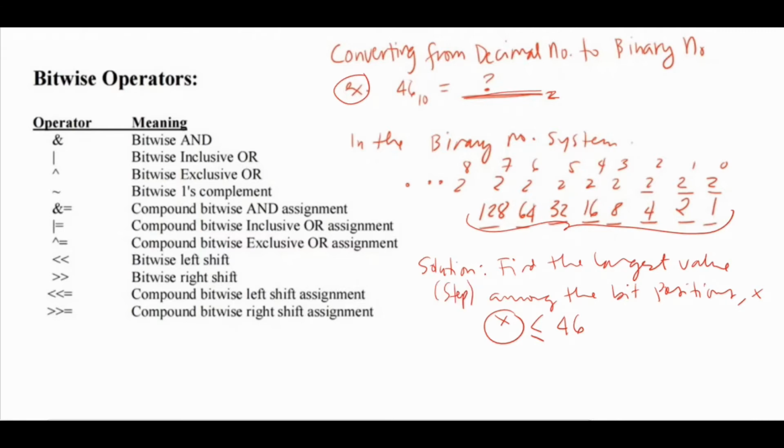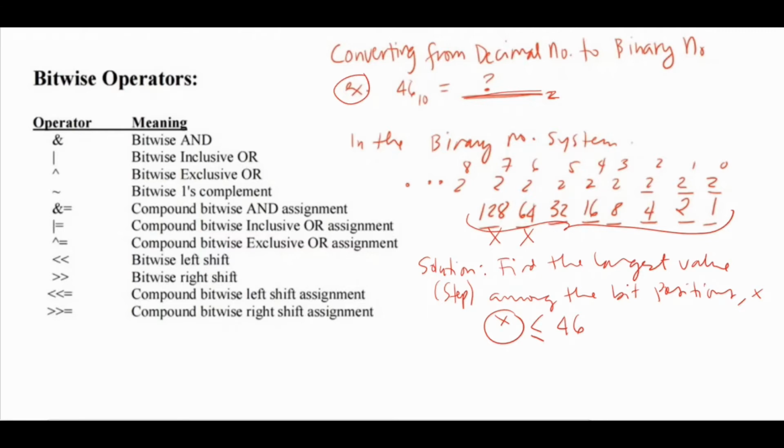So which among these numbers is the largest but less than or equal to 46? 128 is not that value, because 128 is not less than or equal to 46. 64 is also not the one.